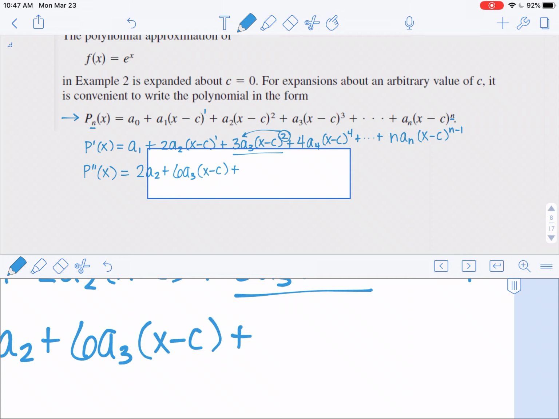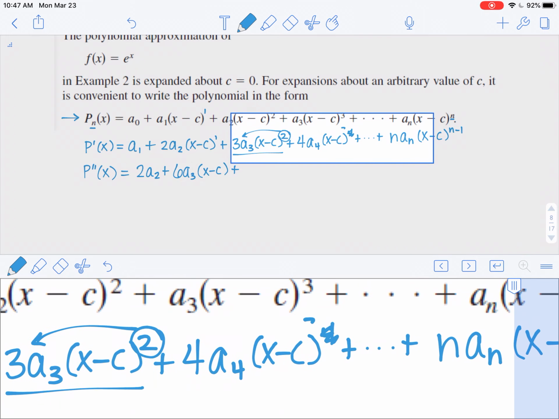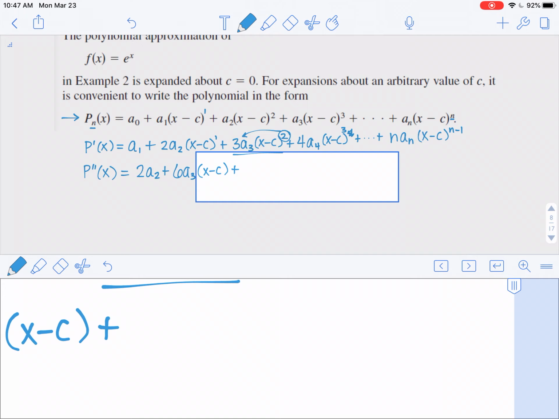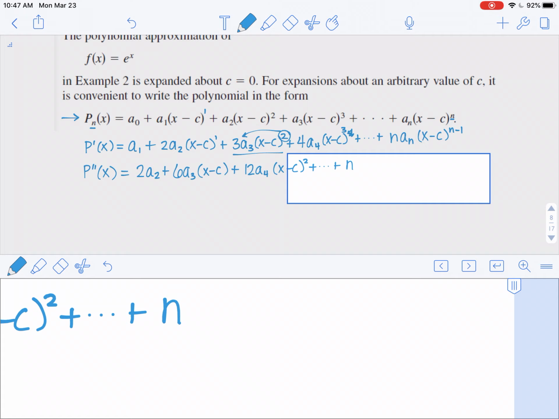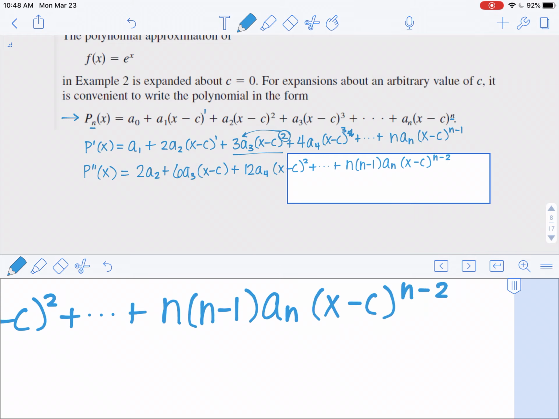Okay, the next one, I forgot to change this exponent. This should have been a 3. My apologies. The next one would be 12a sub 4 times x minus c squared. And the last one would be the n that's already there times the power n minus 1 times a sub n times x minus c to the one less power, which would be n minus 2.